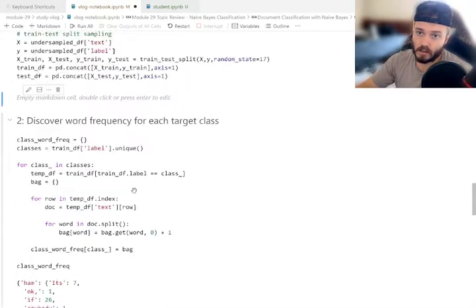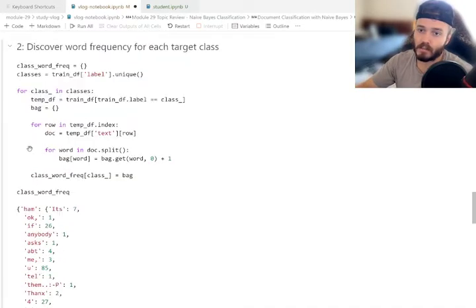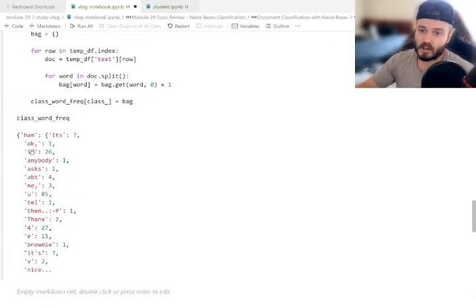I'm probably not going to go through this line by line. This is on the GitHub if you're curious. But you should get something like this. You have a dictionary of dictionaries. So you're going to have one dictionary with two keys in it, ham and spam, for our two classes.